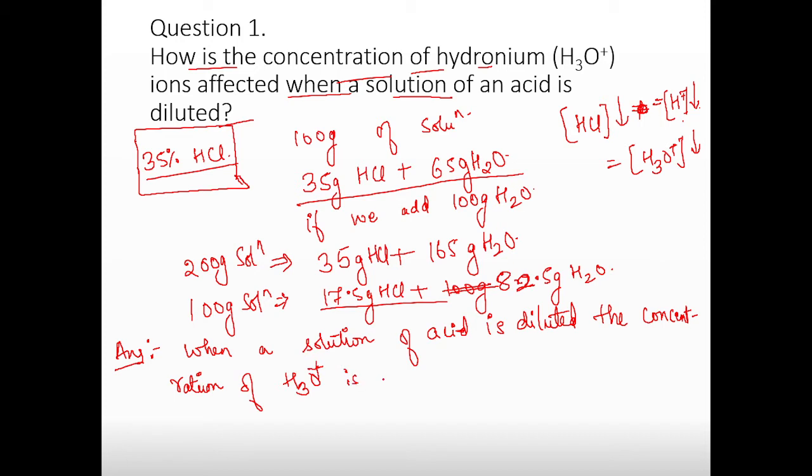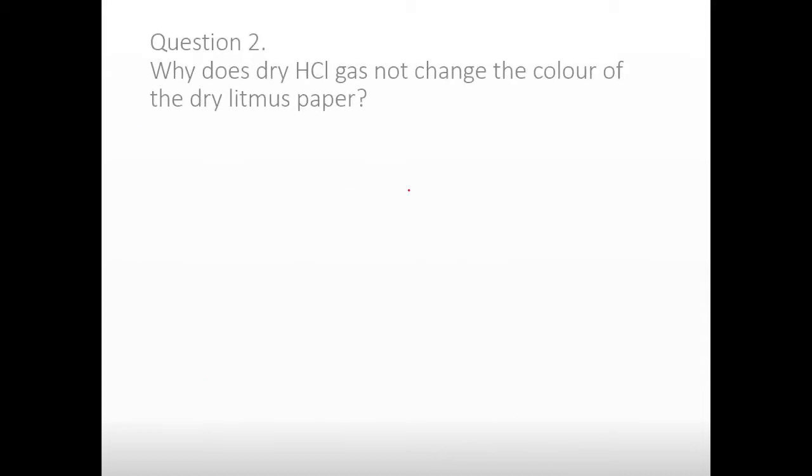Okay, so you can write the answer. I think the explanation is enough to make you understand how the concentration of hydronium ion will decrease. Now with this we complete question number 1 and let's move to question number 2.